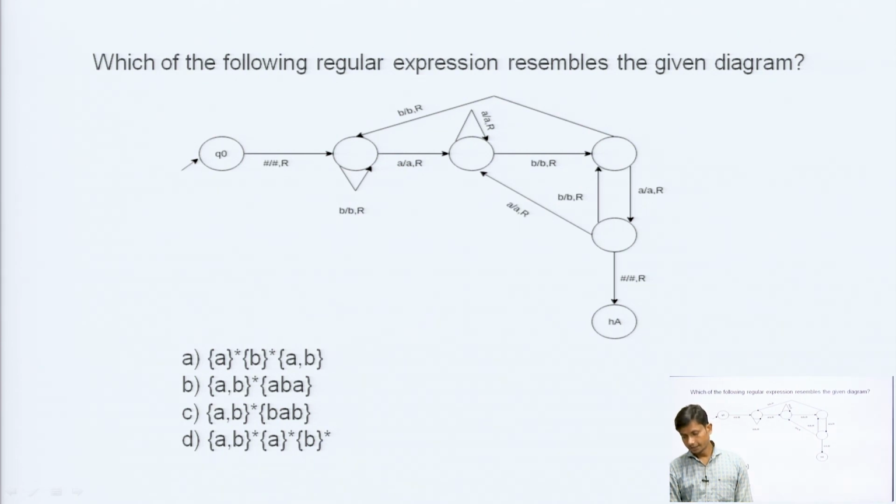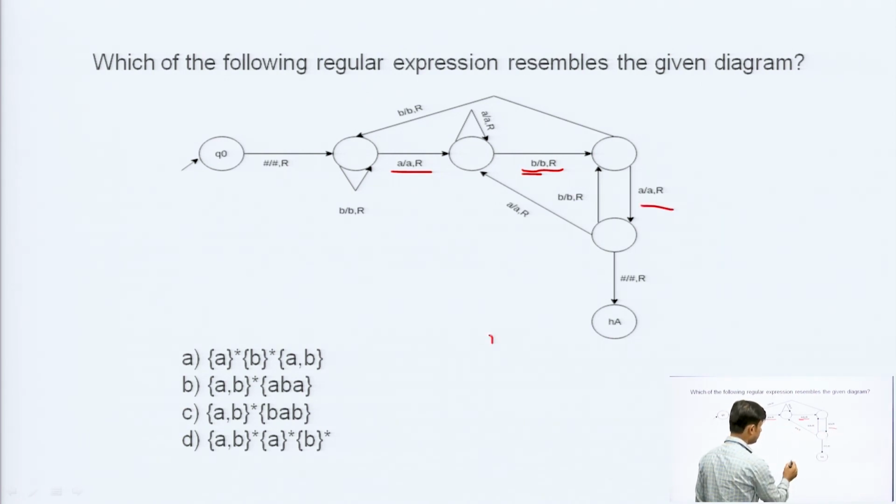This is the question given, with four options. You see what string is accepted and what regular expression it corresponds to. Look at all the strings: B A, A B A, A B A. All the strings end with A B A. Check it: A then B then A, again it goes to the loop, B, you see A B A, A B A. So this is the right option.